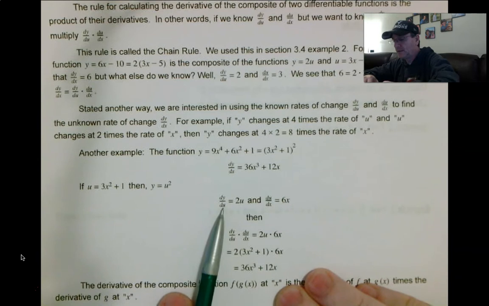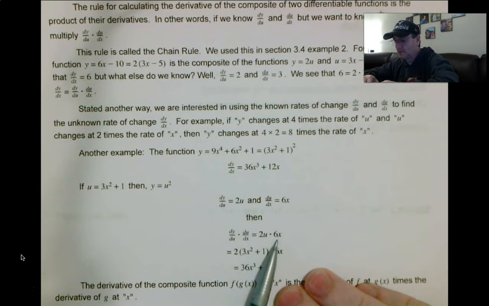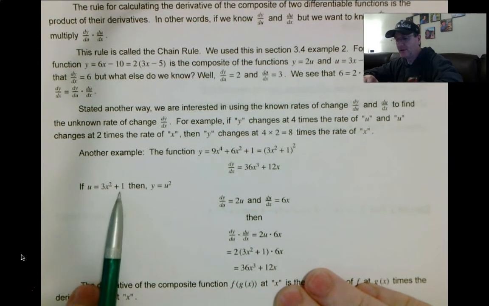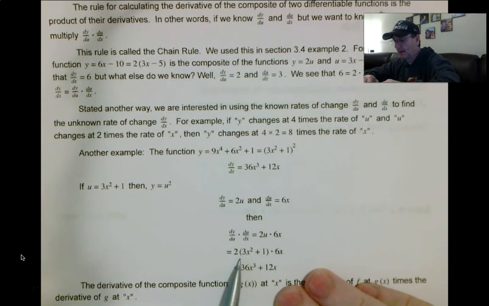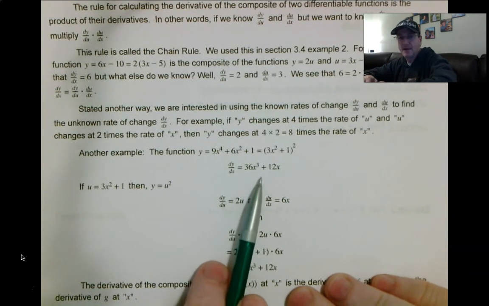If we multiply dy du times du dx, we're going to get 2u times 6x, or 12ux, but we know what u is. We defined u as 3x squared plus 1. So what we really have is, if you multiply all this out, 36x cubed plus 12x, the same result that we got if we had used the power rule.